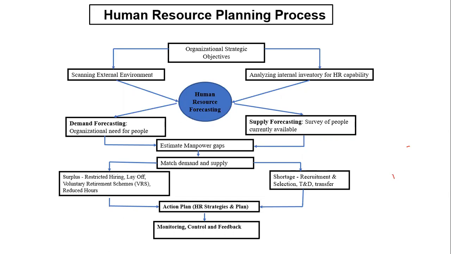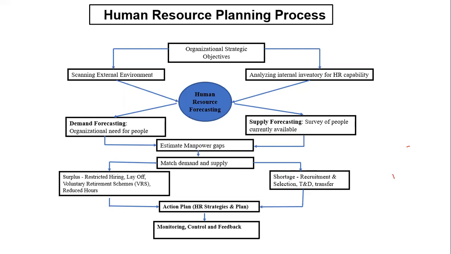Now, based on the information that the HR planner will get from the environmental scanning, that is, the external and internal scan, they will dwell on it to embark on human resource forecasting.